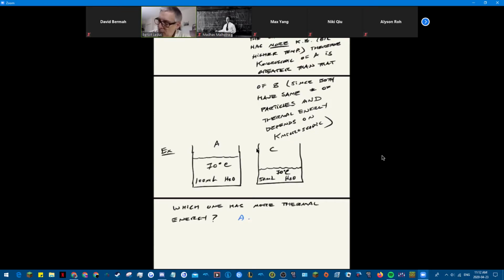Right. Why? Because even though they have the same average kinetic energy per molecule, there are more molecules in A. In C, there's less.